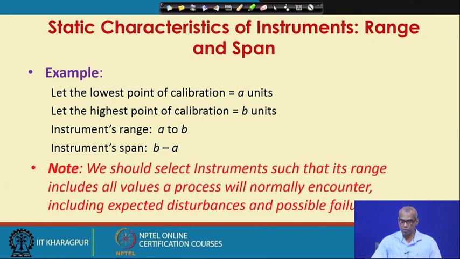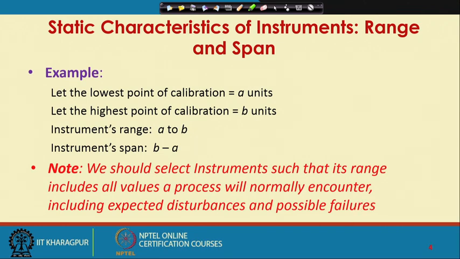We should select instruments such that the range includes all values a process will normally encounter, and it should include the expected disturbances and possible failures during the measurement.